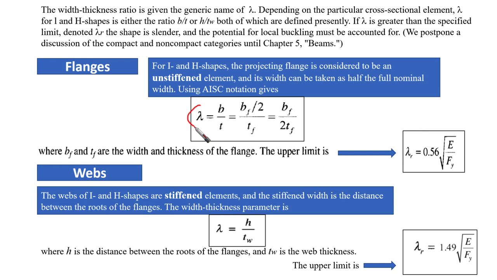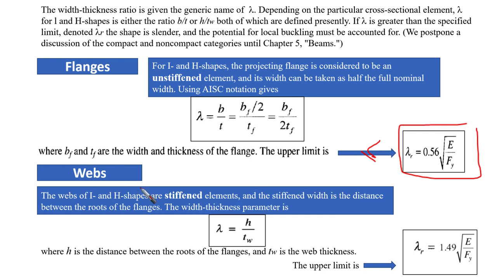So lambda of the flange, which is B flange over 2 over T of the flange, the thickness of the flange, which equals at the end B flange over 2 T flange, should always be less than or equal to a certain limit.